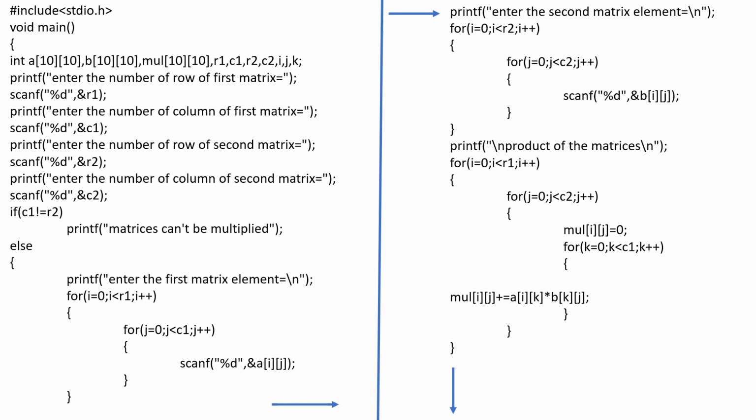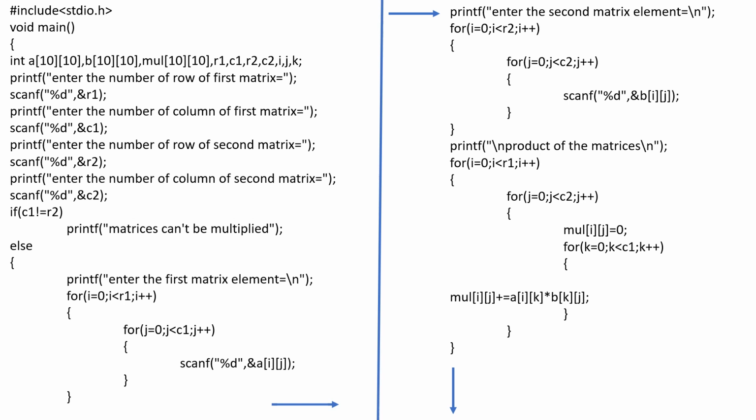Then we read the number of rows and columns of the first and second matrices. In the if condition, we check whether the number of columns of the first matrix is equal to the number of rows of the second matrix.